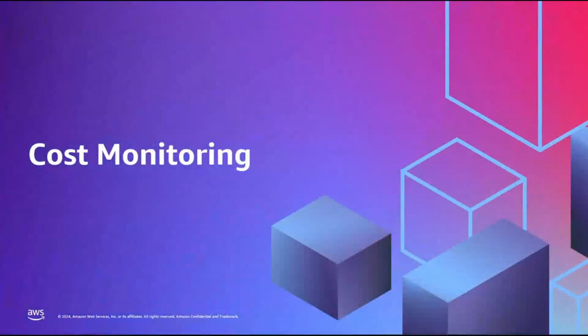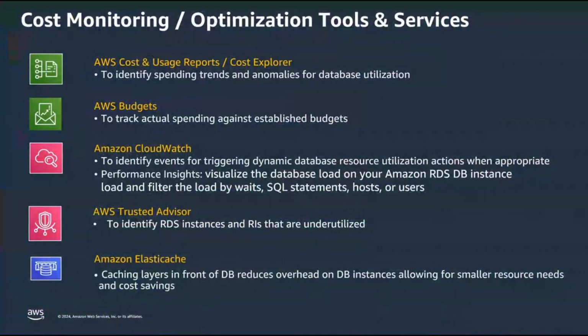Okay. So now, before we actually optimize, you definitely need first to know how much you're spending. That's why the first point here is cost monitoring. For that, AWS has a lot of tools that make it very easy for you to keep track of the cost of your RDS spend.